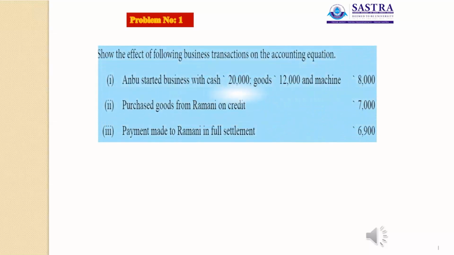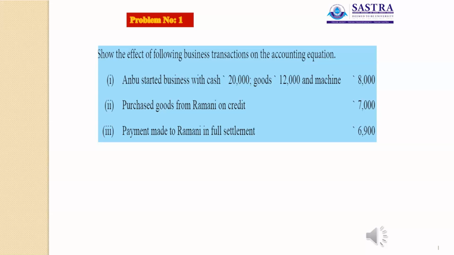Now let us see the problems in accounting equation. Show the effect of the following business transactions on the accounting equation. First transaction: Anbu started business with cash rupees 20,000, goods rupees 12,000 and machine rupees 8,000. Second transaction: purchased goods from Ramani on credit rupees 7,000.